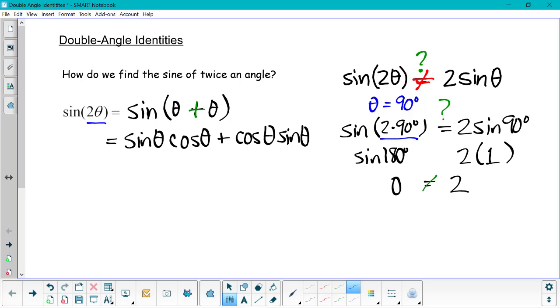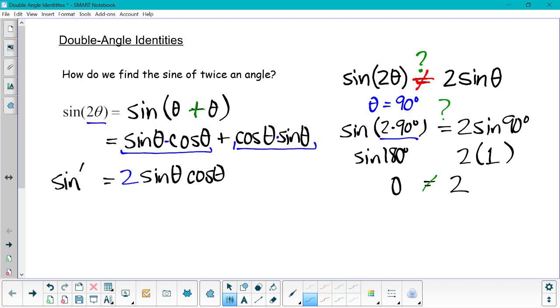I notice that I've got these two terms, which are just the product of sine and cosine. So I basically have 2 times the product of sine theta and cosine theta.